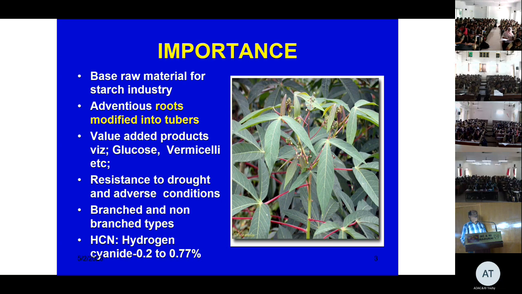It is an important crop to resist drought and adverse conditions. Two types of tapioca are there: one is the branched type and the other is the non-branched type. The hydrogen cyanide content in tapioca is very little, 0.2 to 0.77%.